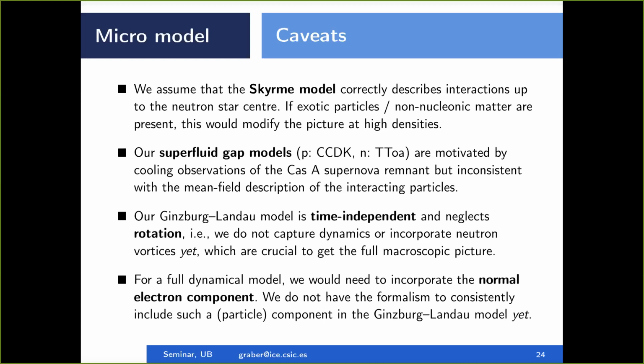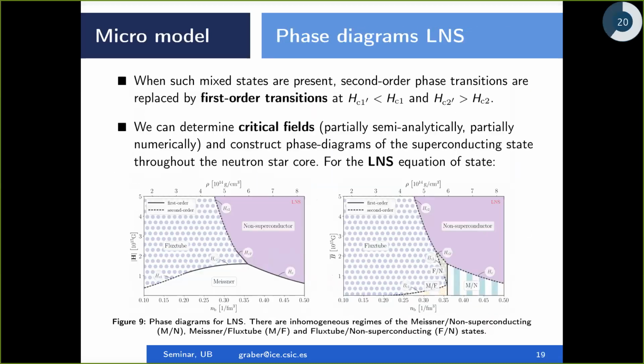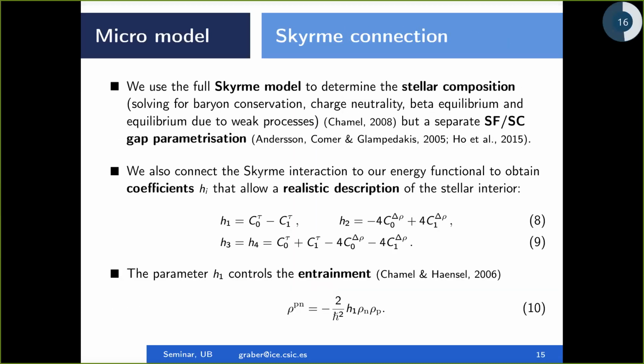No, the Skyrme will not give the gap because the Skyrme is not designed for that. Right. It can only give the energy density of the system, but nothing to do with pairing. But you take the pairing from another, external calculation. Okay. And this is actually not just something that I do.